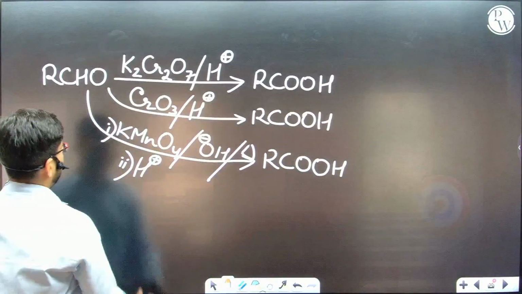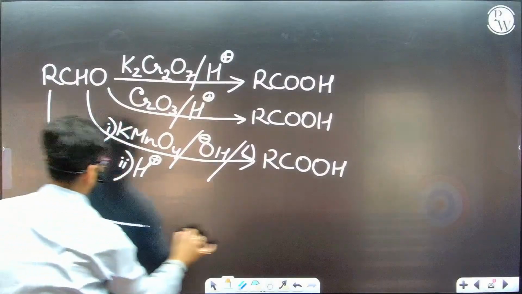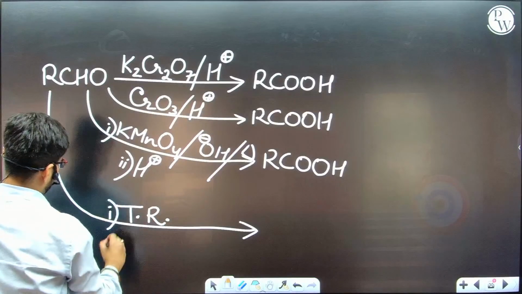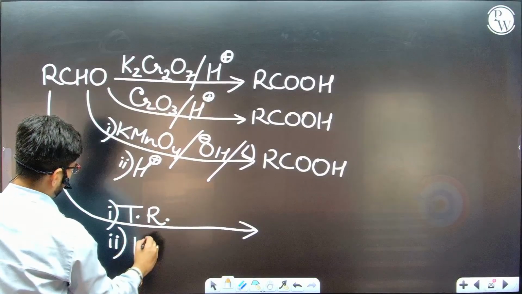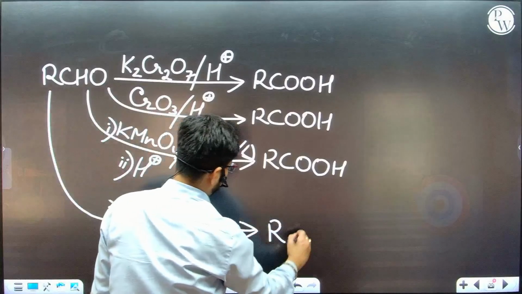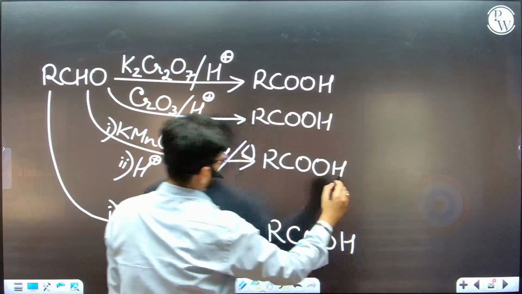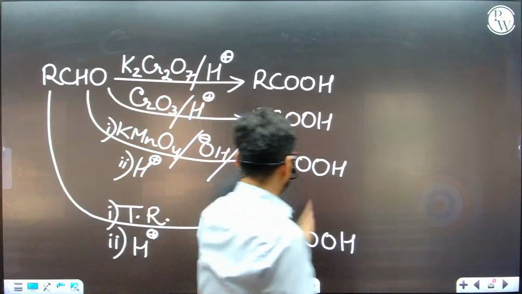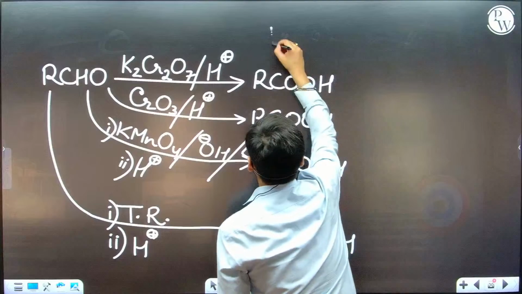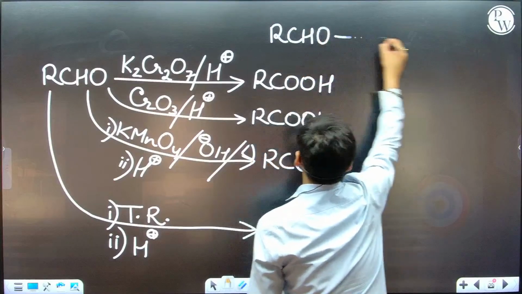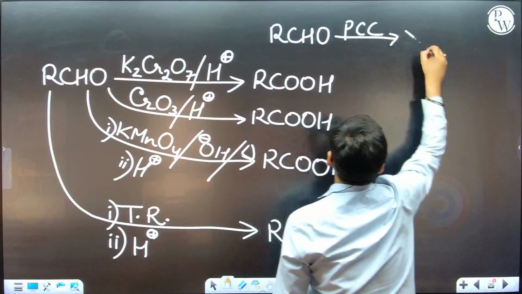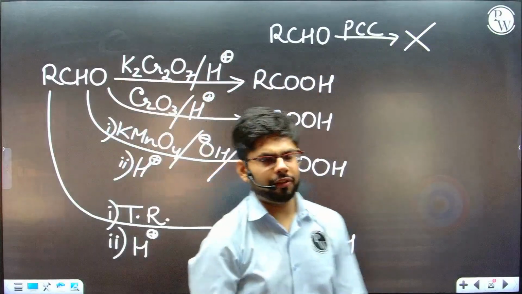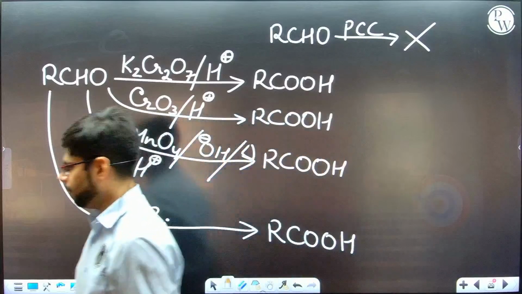So an aldehyde can be converted to RCOOH, and if I treat this with Tollens reagent, and then add a few drops of acid, then also I will get this. So all these are oxidizing agents. So an aldehyde can be oxidized to carboxylic acid. But remember, if RCHO is treated with PCC, then nothing happens. That is why we use PCC to convert a primary alcohol to an aldehyde.